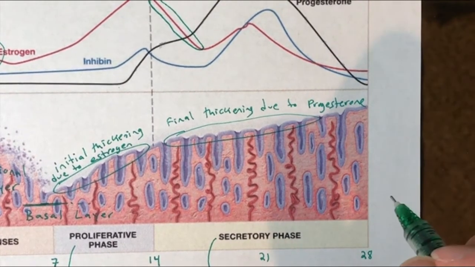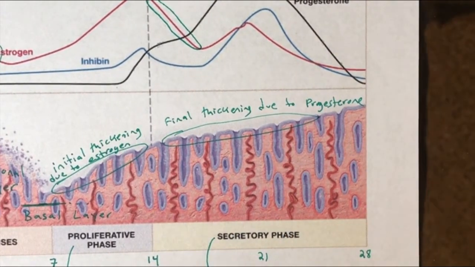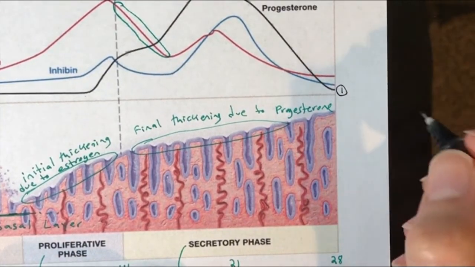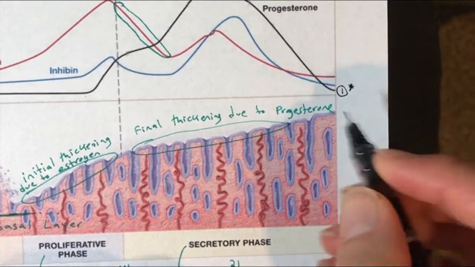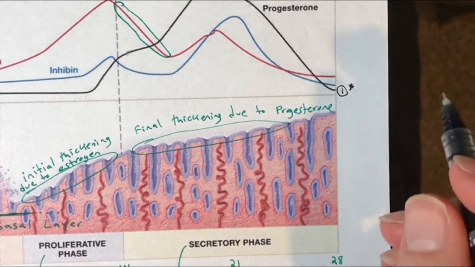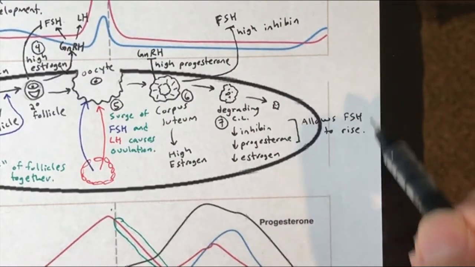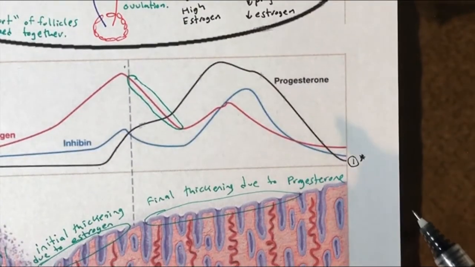That brings us to step 1. So step 1 is going to be the end here where progesterone has declined in concentration enough to allow FSH to go up in concentration.